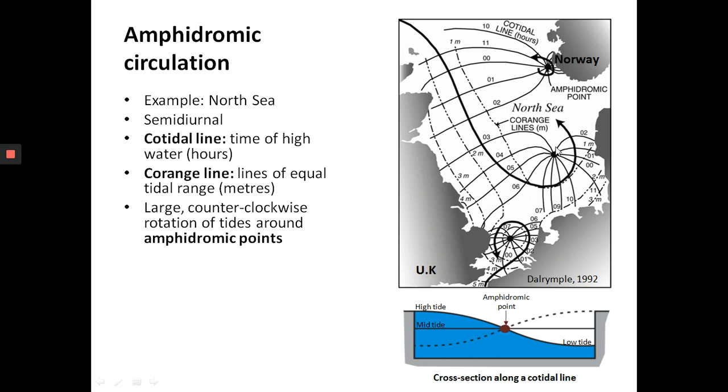So if you make a cross section, I'm going to take this circle here as an example. If I make a cross section here, right, this is how the water level will be. Let's say I am here during time 10.